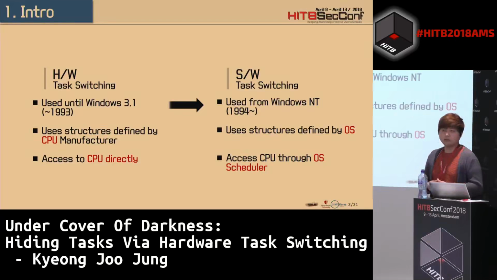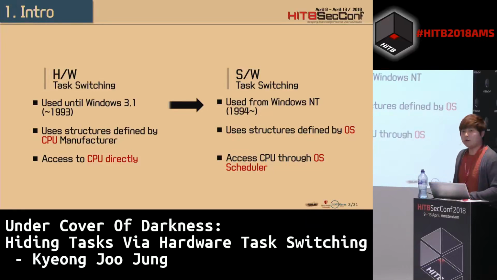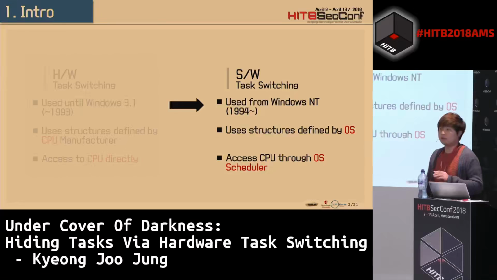This structure is defined by the OS, and it does not directly access the CPU. The OS itself manages everything about the task switching and the management of the computer. To summarize, hardware task switching is something not used today, but still remaining, and software task switching is something we are using today.